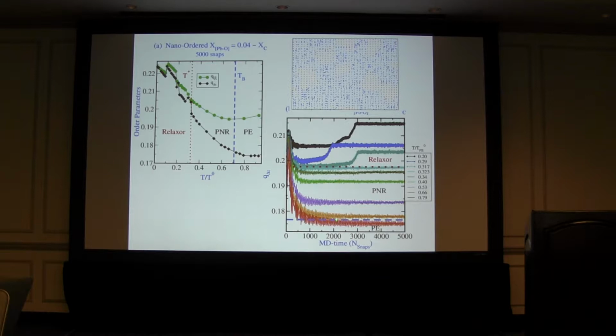You don't know if this is going to go up somewhere else or not. But anyway, at high temperatures, things are nice and smooth, as shown here. But at low temperatures, that is when you cross this red line and you go into the relaxor region from the PNR region, you can see that the system is sampling local minima that it finds its way out of after a sufficient period of time.